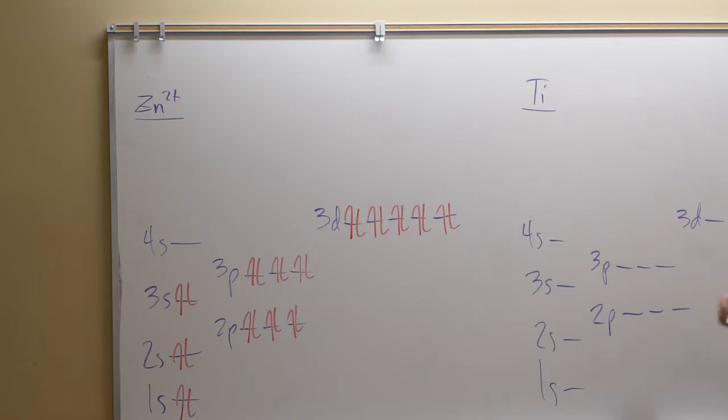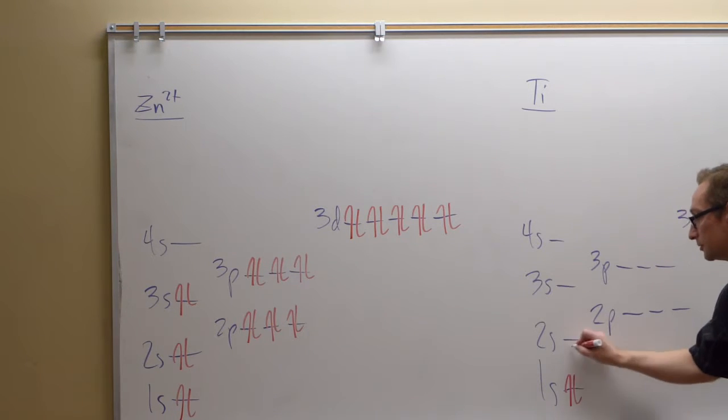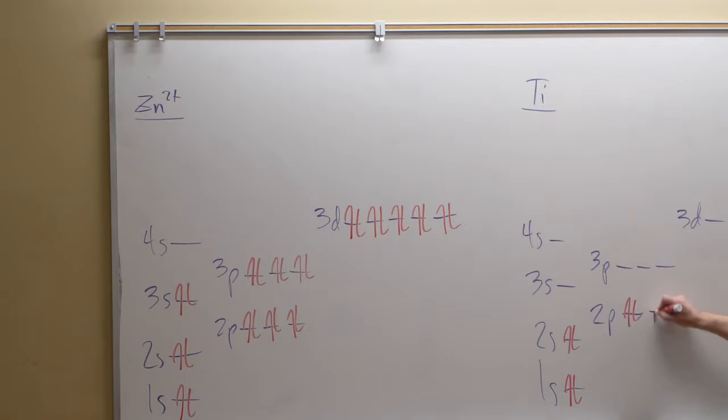For titanium, how many electrons are in titanium? 22, right? So 2, 4, 6, 8, 10, 12, 14, 16, 18, and 4 more. There's 22 for titanium.